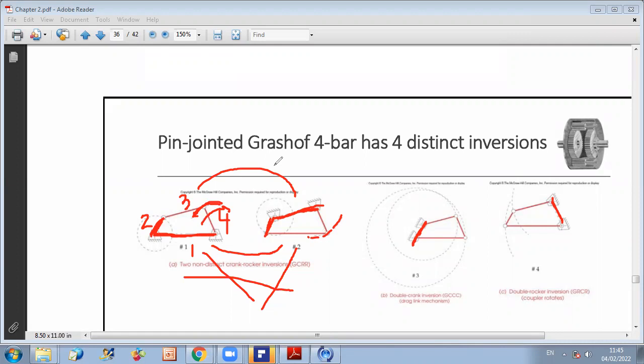Okay, now if I look at the other types of inversions created, the third type is when the shortest link is grounded. If we simulate this, and you can see in the video I posted for you the simulation of this case, you will see that the two links attached to the ground, in this case the shortest link being the ground, will be able to perform complete rotation.